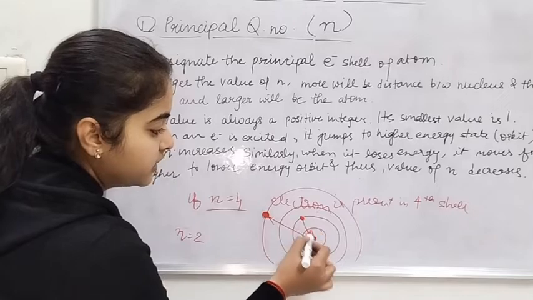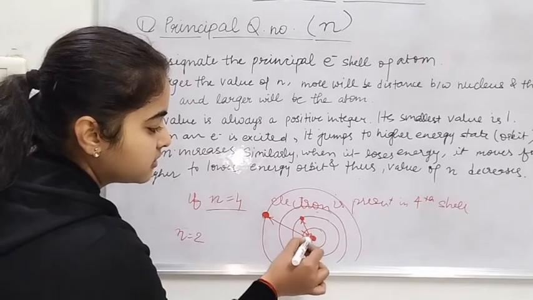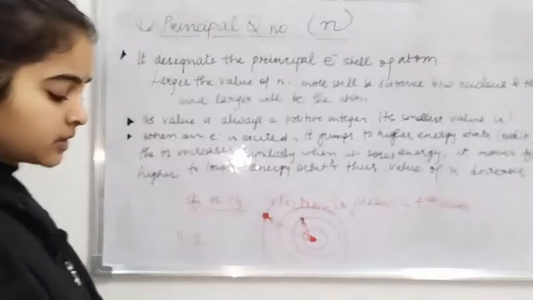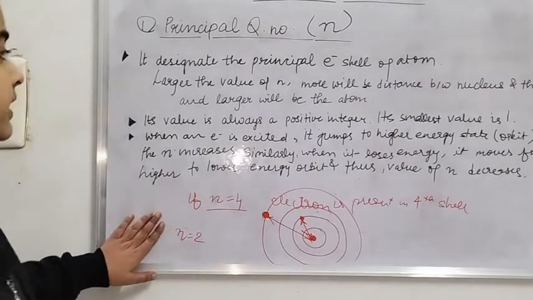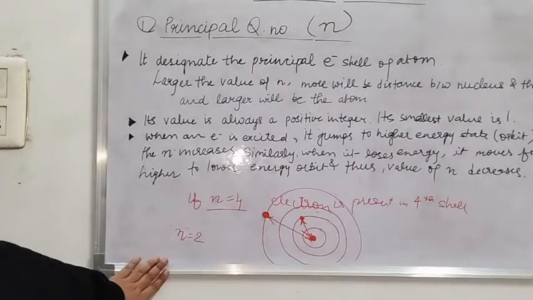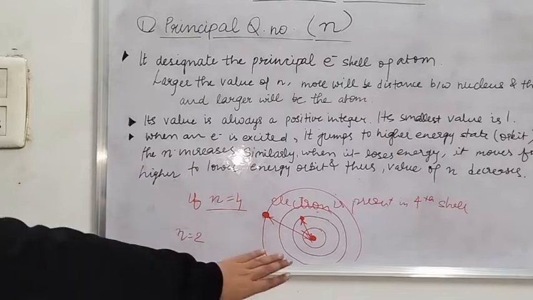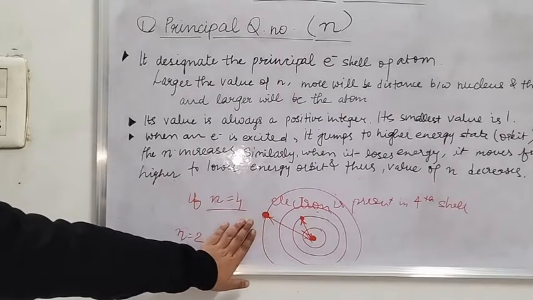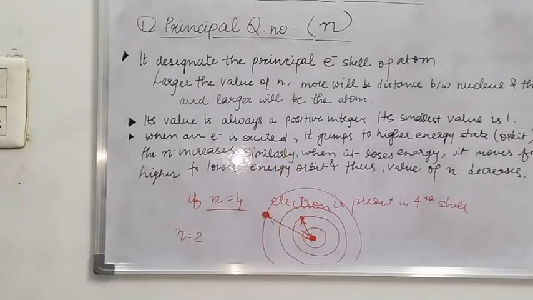So the distance between electron and nucleus will be less. So it is understood that if the value of n is large, then the distance between the nucleus and that electron will be higher, and thus the size of the atom will be large, and vice versa.